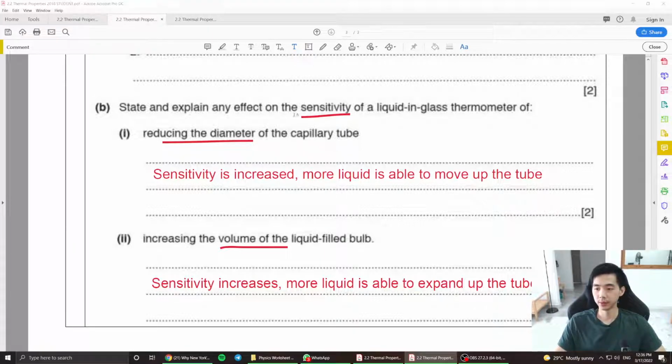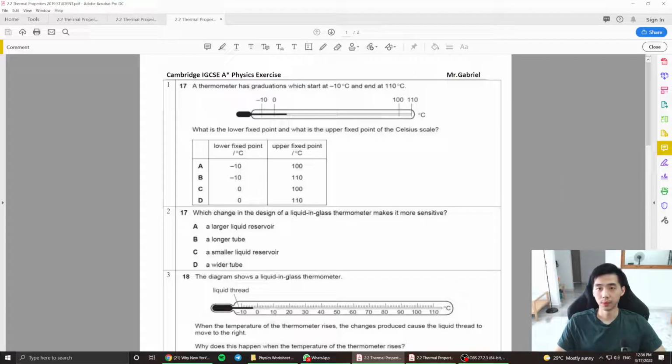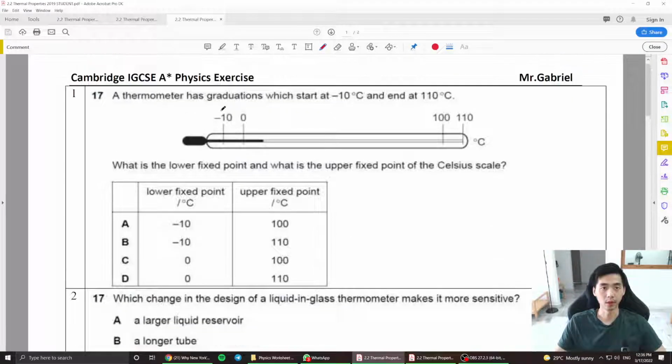And then finally, looking at the last exercise here. A thermocouple has graduations which starts from -10 and 110 degrees Celsius. What is the lower fixed point and the upper fixed point? Now in your IGCSE, sometimes they'll give you something like this. They're trying to bait you on the lower fixed point and upper fixed point here.